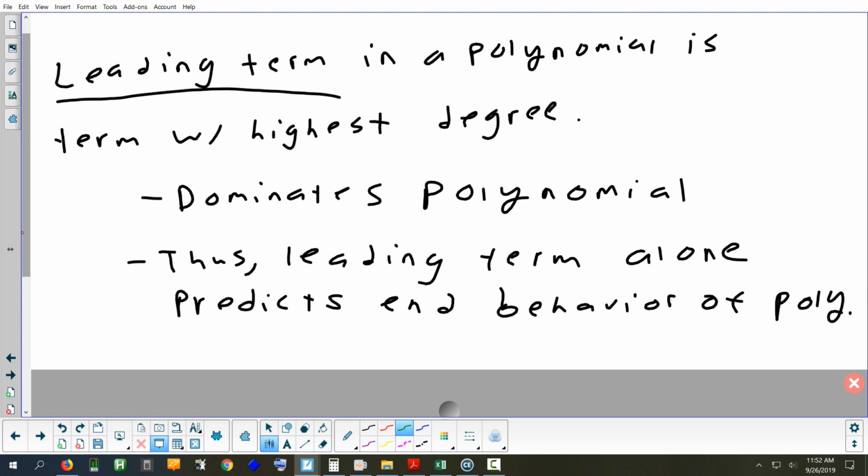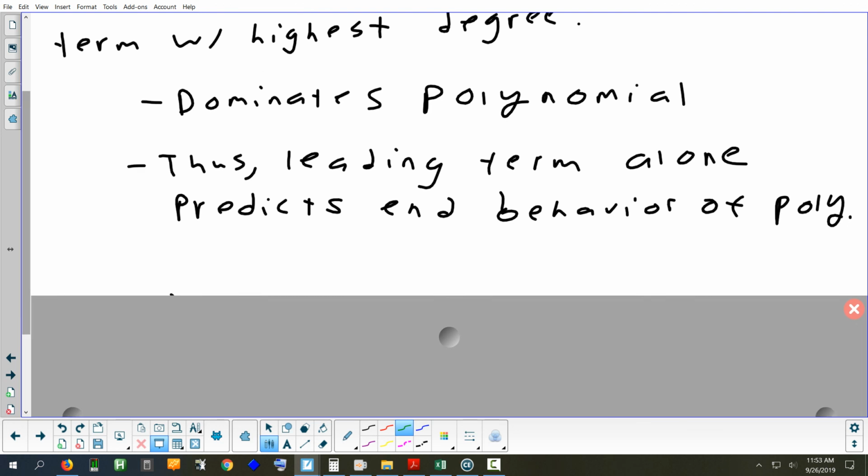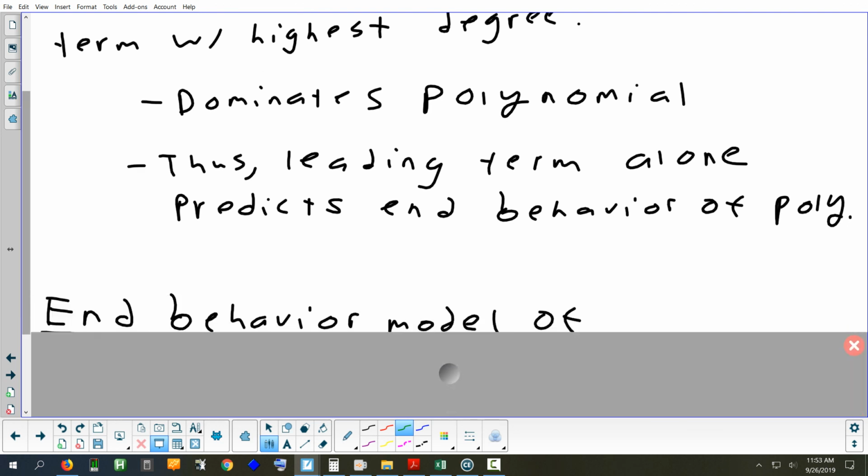Think about cubing something versus squaring it. For small numbers, it might not make a big difference, but with big numbers, think about 50 squared versus 50 cubed. 50 cubed is way bigger. 50 squared is not even that big compared to 50 cubed. So the highest degree term controls everything, and that one all by itself predicts the end behavior.